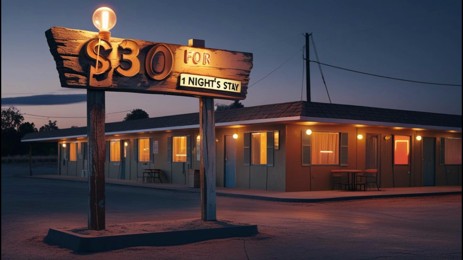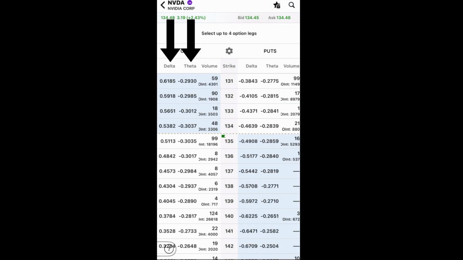Theta represents time decay. As the expiration date approaches, this decay accelerates, slowly draining value from the option until it's worth zero on expiration day, unless it's in the money. This is why it's important to balance theta with delta. Buying an option with a very high theta and a low delta is often a losing battle because you're losing time value faster than you're gaining from movement in the stock.